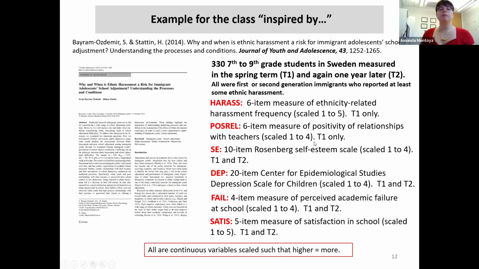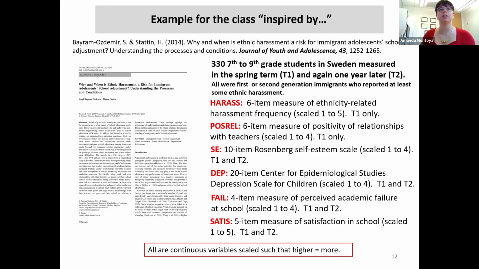Then we have a number of measures that are at time 1 and time 2. You'll notice in the data set there is SE1 and SE2. SE is self-esteem using the Rosenberg self-esteem scale, and SE1 is measured at time 1 and SE2 is measured at time 2.